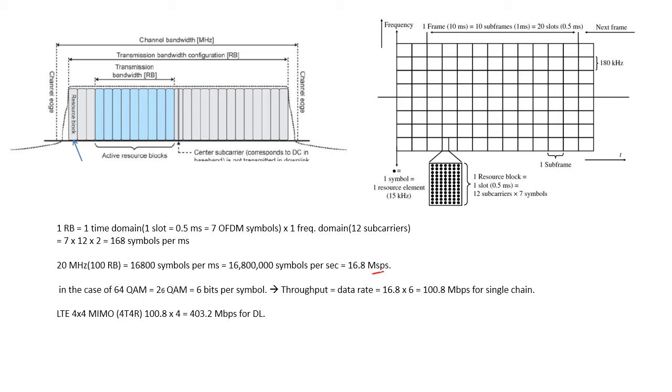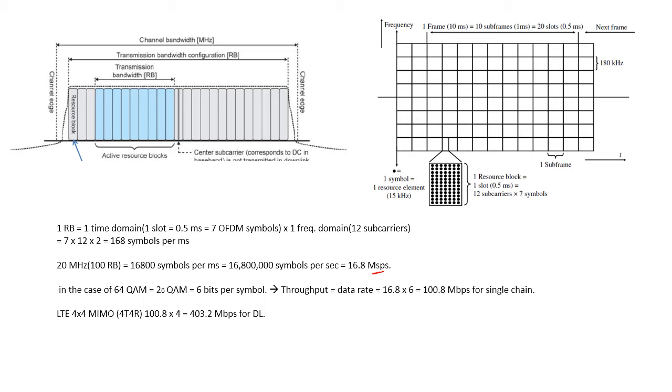But what if we want to know the throughput, the data rate, which is always in bits? We need to look at the modulation scheme. In LTE, we can have QPSK, 16 QAM, 64 QAM, or in the best case nowadays, 256 QAM.